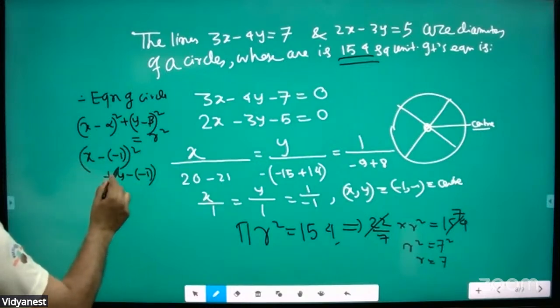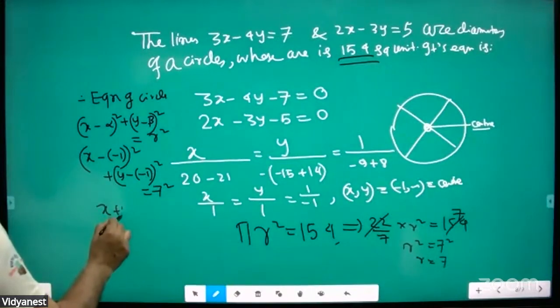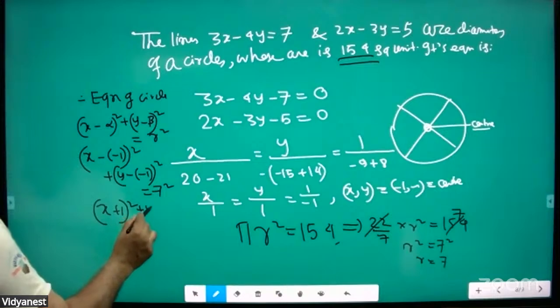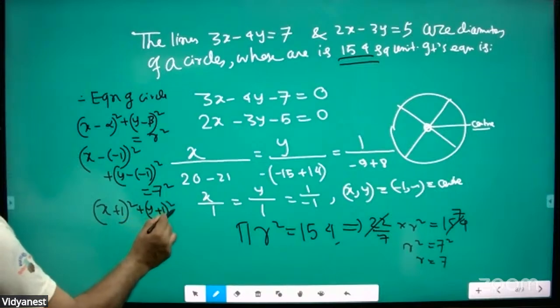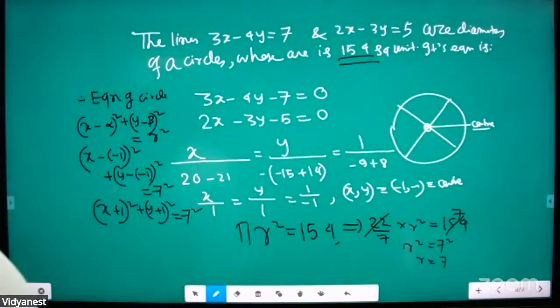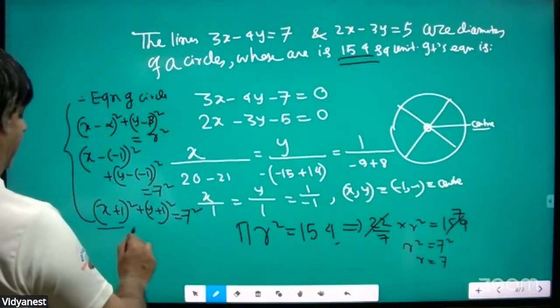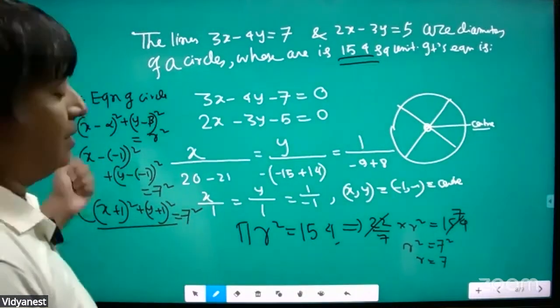Minus 1. So it equals 7 square. (x plus 1) square plus (y plus 1) square is equal to 7 square. Is it that much tough? No, sir. A JEE level question of yesteryears.